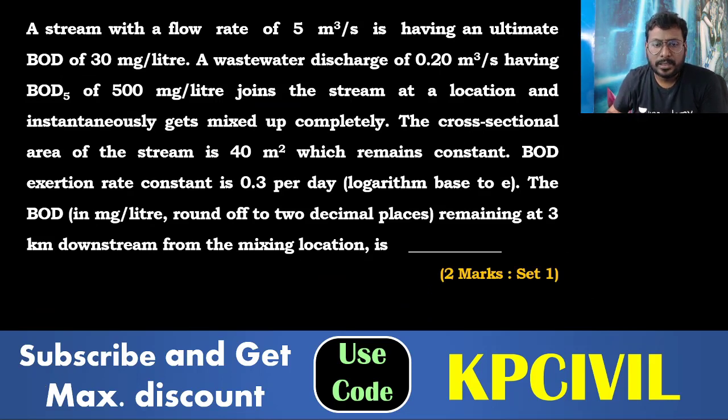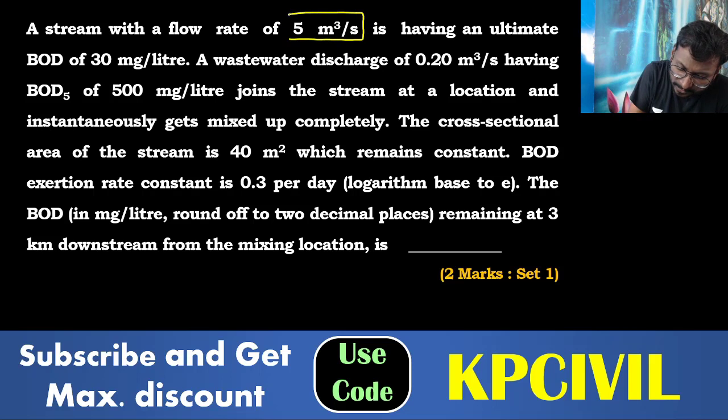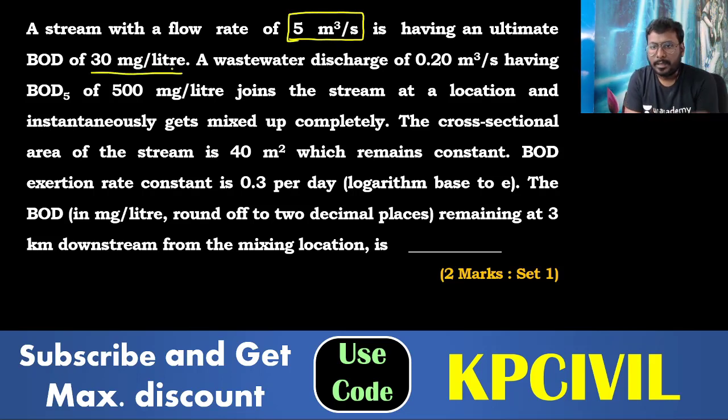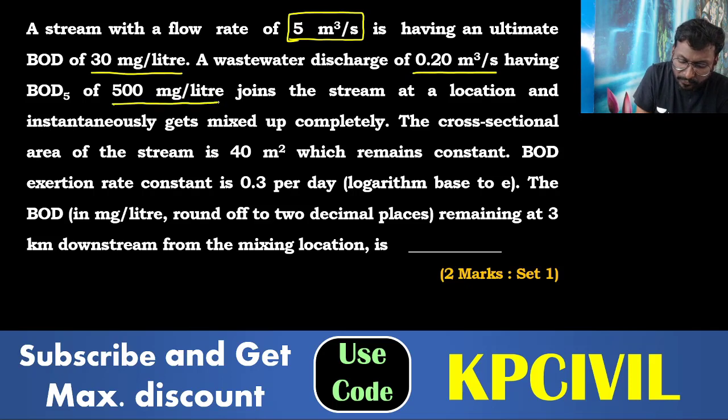A stream with a flow rate of 5 meter cube per second, having an ultimate BOD of 30 milligram per liter, and a wastewater discharge of 0.2 meter cube per second, having 5-day BOD of 500 milligram per liter. So we have two values here.